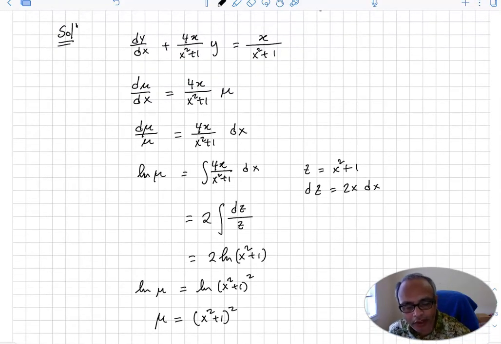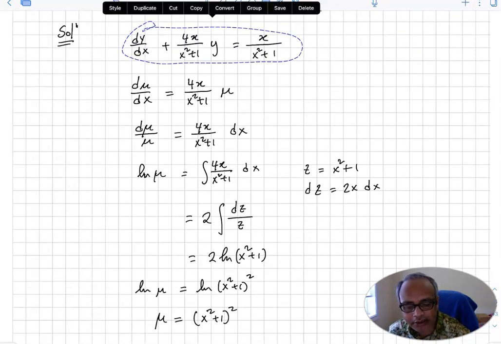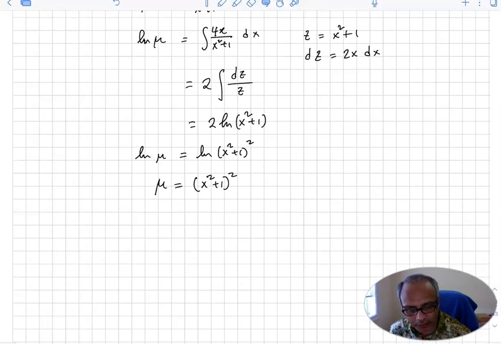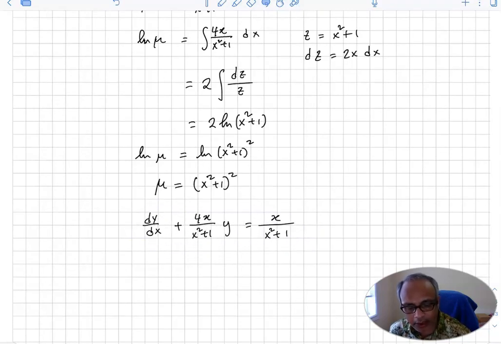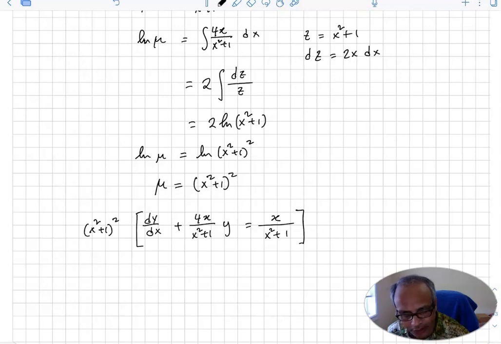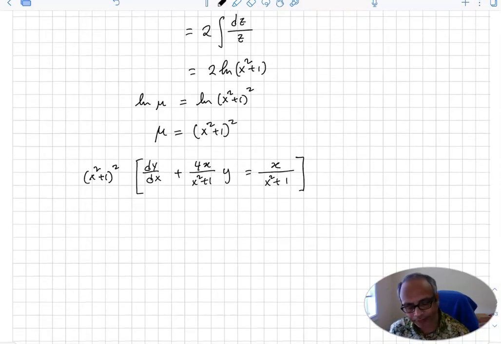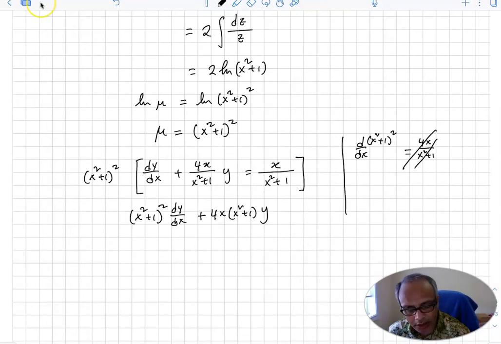Okay, so now what I'm going to do is take this original equation and multiply both sides by x square plus 1 squared, and the right hand side equals x times x square plus 1.